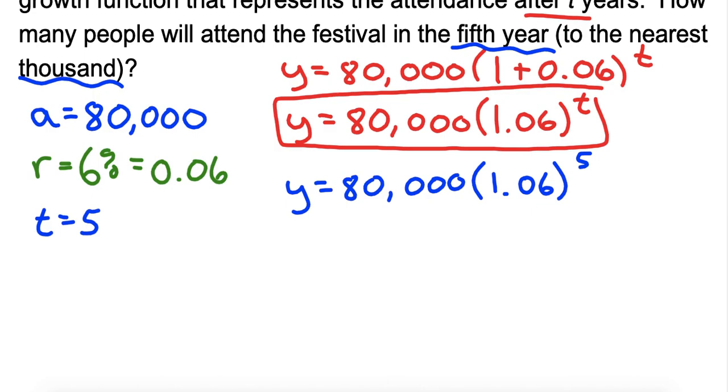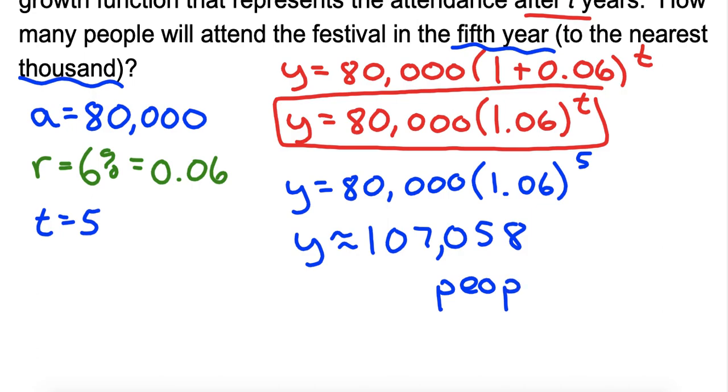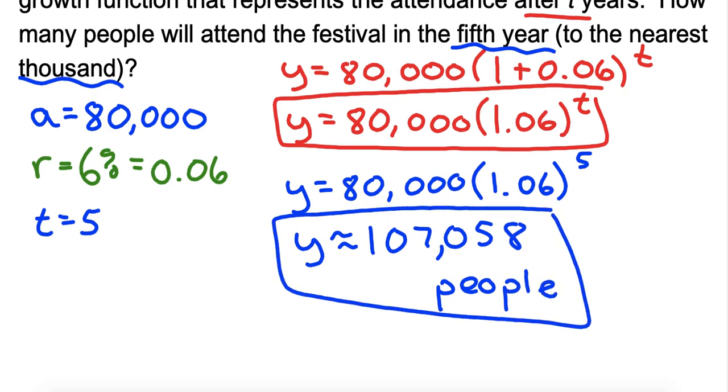Type in the 1.06, use the x to the y button, put in the 5th. That'll give you some funky decimal. Leave it in there and then type times 80,000. You end up getting y is approximately 107,058 people. So once we have that function, we can find any amount of y that we want.